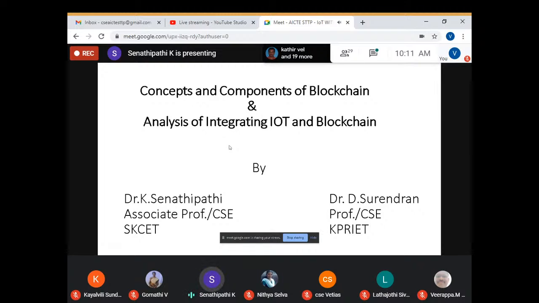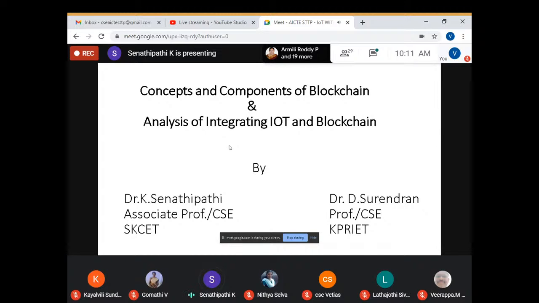Why am I saying zero or more transactions? The first block of the blockchain is called the Genesis block, which contains the configuration of the blockchain network itself. So it does not contain any transaction details. That is why it is called zero or more transactions.